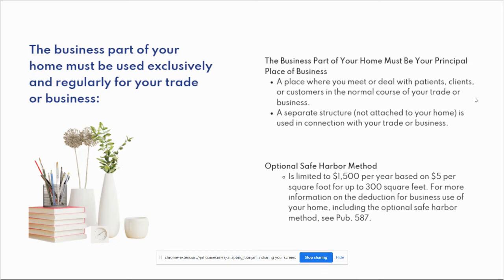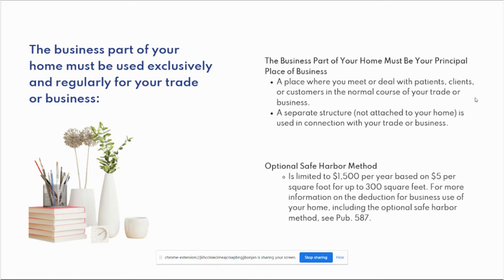What does that mean? That means you cannot use your dining room table. You cannot argue that it's used exclusively and regularly for business meetings. But I can argue that I have a dedicated room in my home for an office space, and because it's dedicated, I do not sleep in it, I do not eat in it, I only work in it.